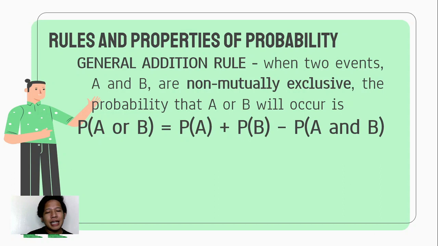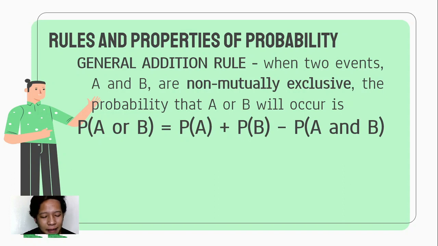And when we say general addition rule, let's say for example, meron pa rin tayong deck of cards. Okay, meron tayong 52 cards kung saan 13 of them are diamond, 13 of them are hearts, 13 of them are a spade and 13 of them are clubs.